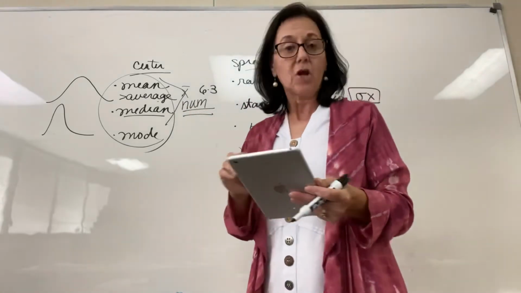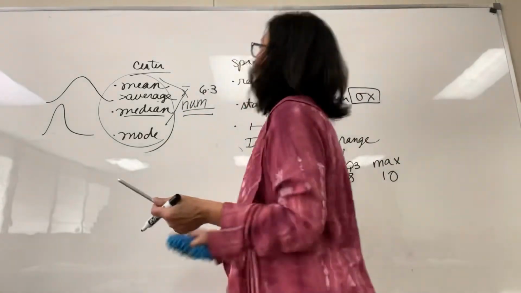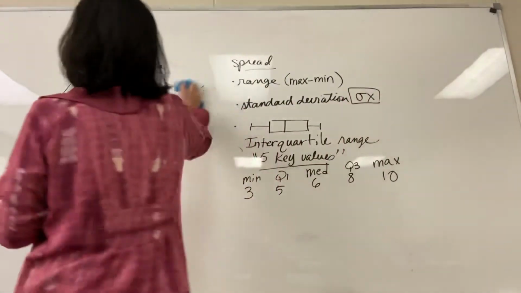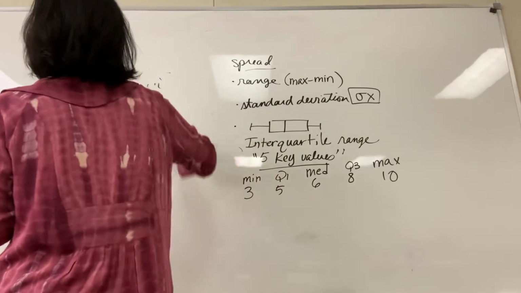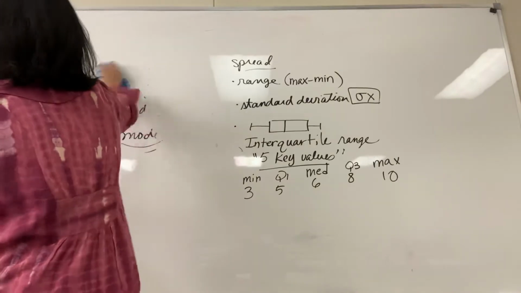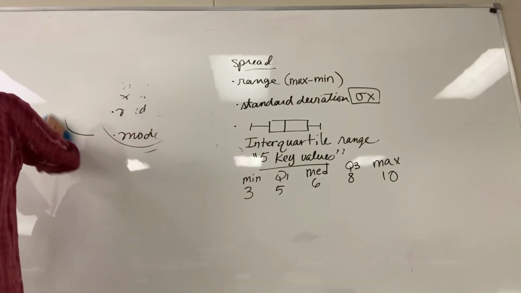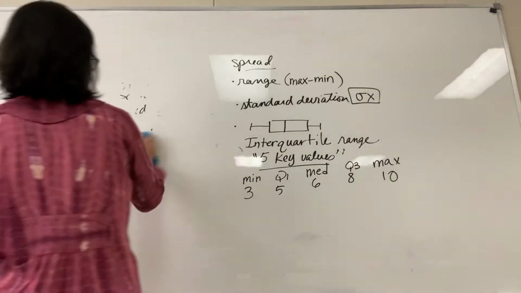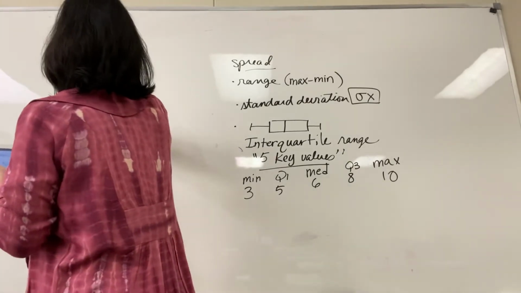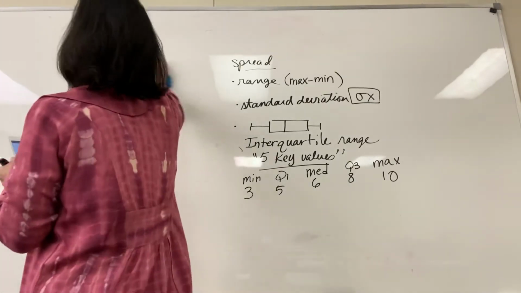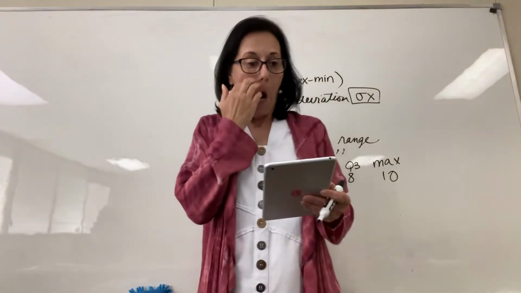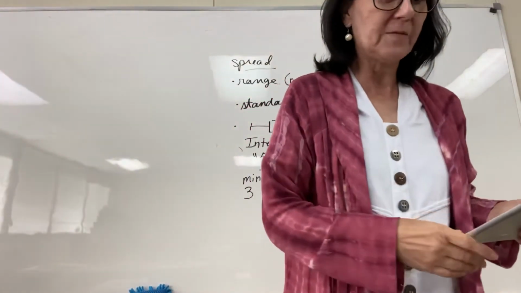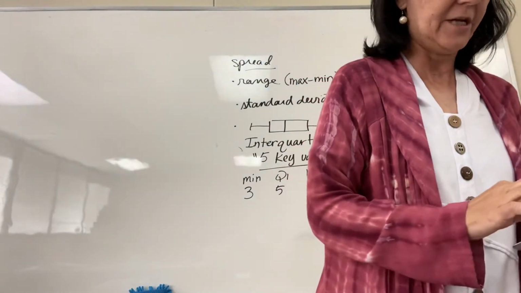Now, let's talk about measures of spread. All right, so we did center, mean, median, and mode. And now we will do spread. All right, the first measure of spread is standard deviation.